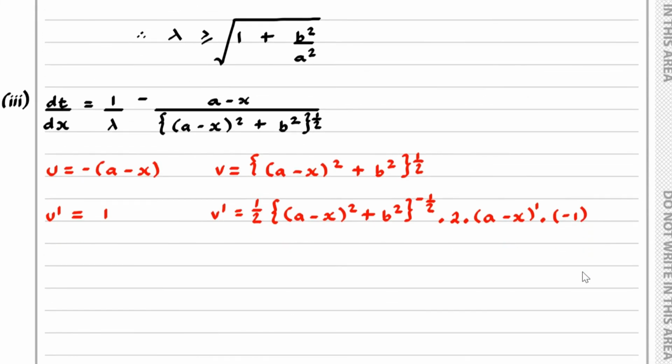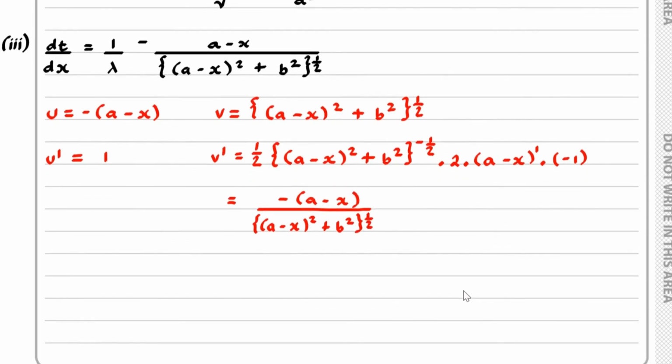And so if we simplify all this, what we will end up with is v dash equaling minus (a minus x) divided by (a minus x) squared plus b squared to the 1/2.